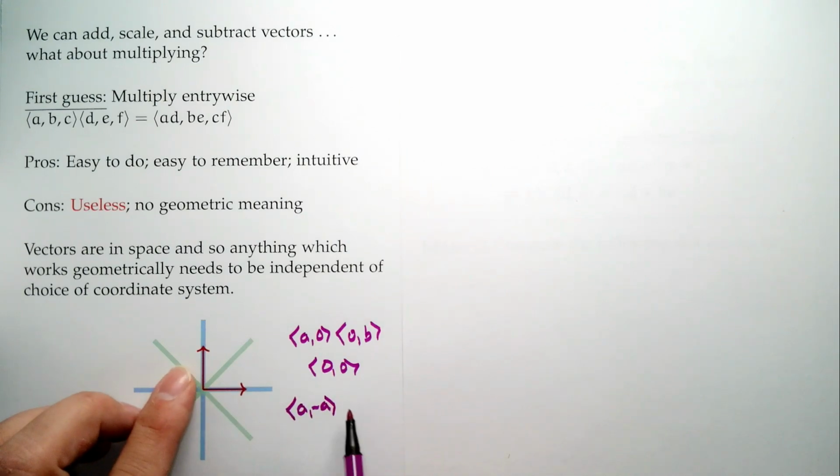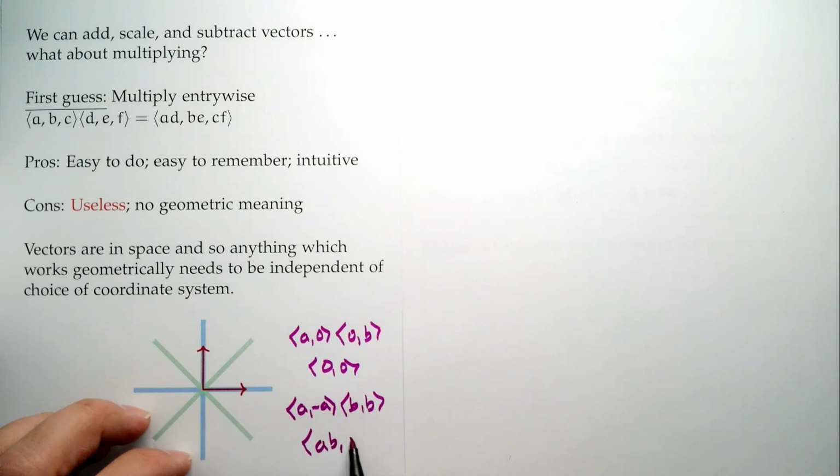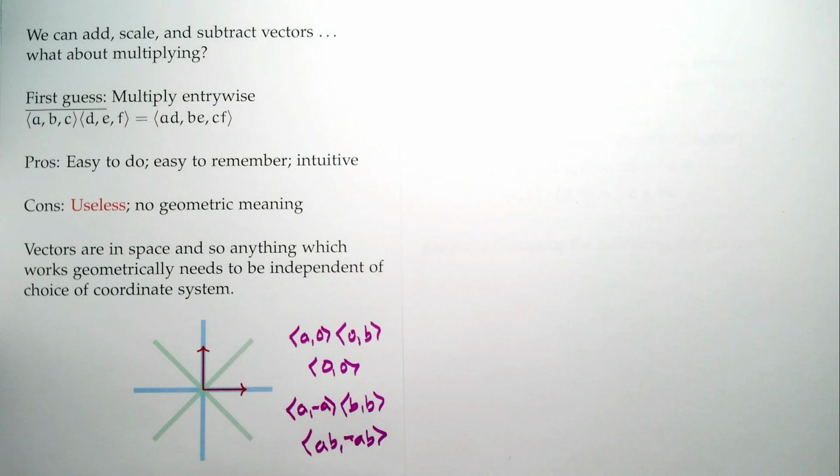And this vector over here looks like it's doing something like positive b, for some non-zero numbers. And so if I were to follow the rule, I'd get ab and negative ab, and these things are not the same. The 0, 0 vector is not the same as ab times negative ab.